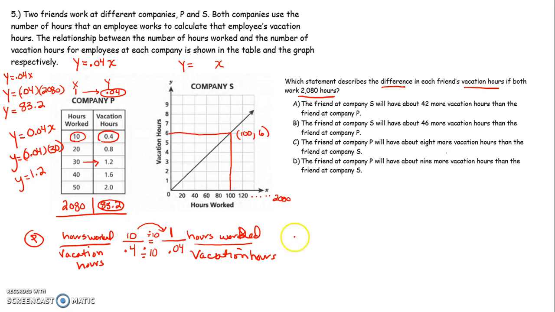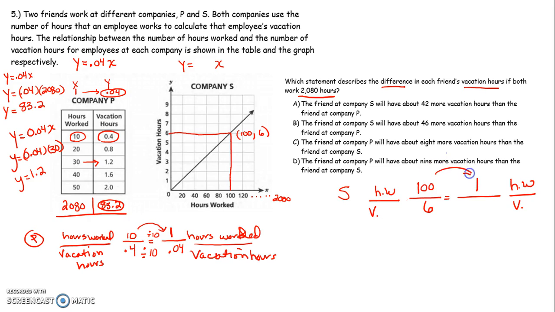All right, so then I could set up a similar ratio here for Company S. I could do hours worked over vacation hours earned. And I now look here and I say, okay, well, I took a nice point on my graph and I said, if I work 100 hours, I earn 6 vacation hours.